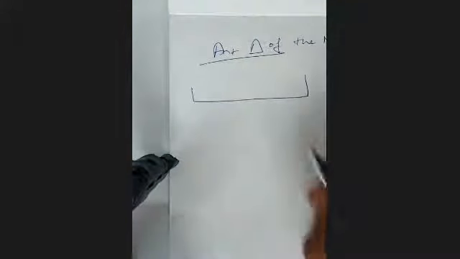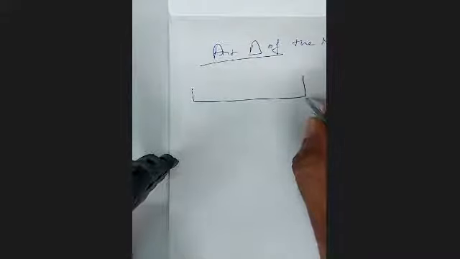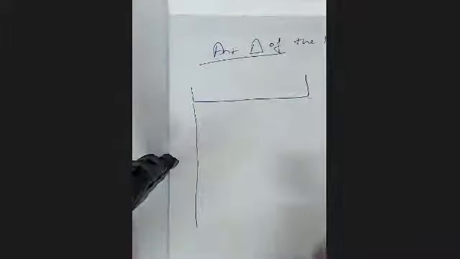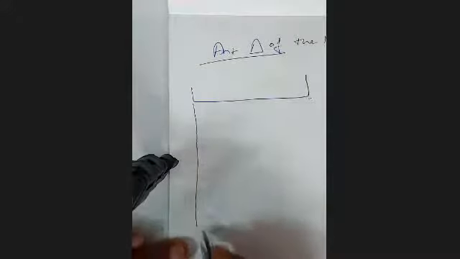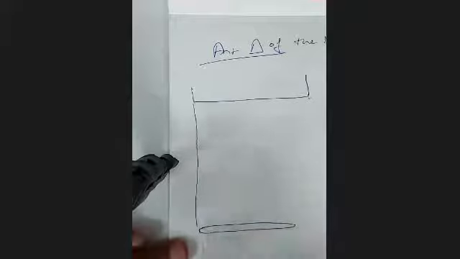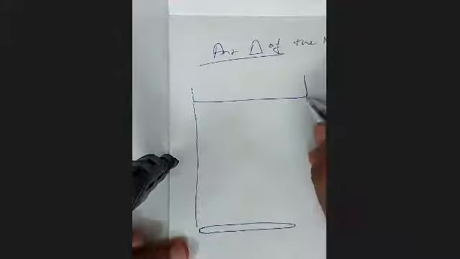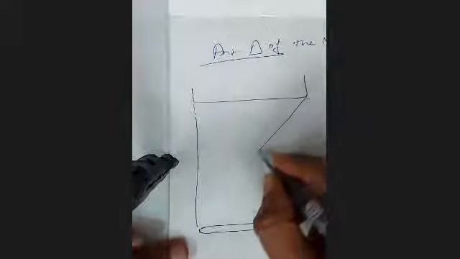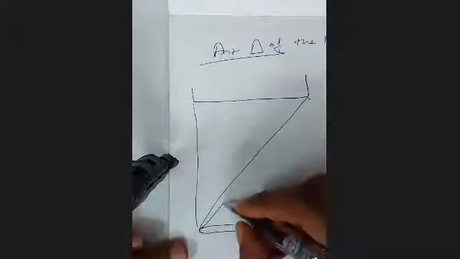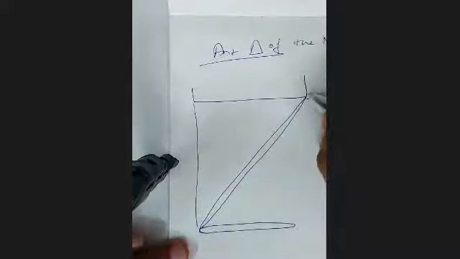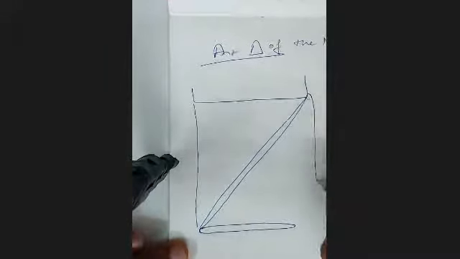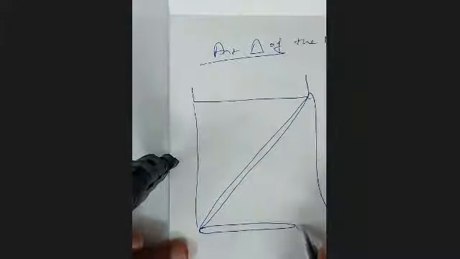Now this is the lower end of the mandible, the base of the mandible. This is the anterior midline of the neck. Lower down here is the clavicle, and this is sternocleidomastoid, and here is the trapezius.